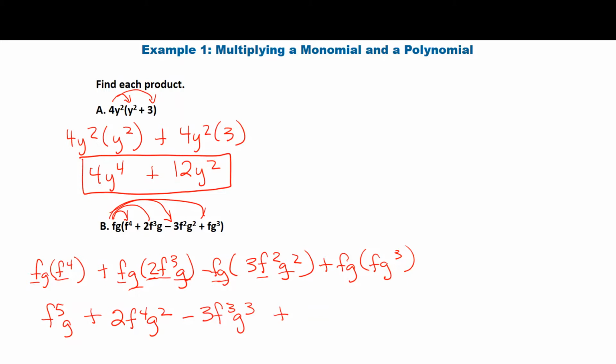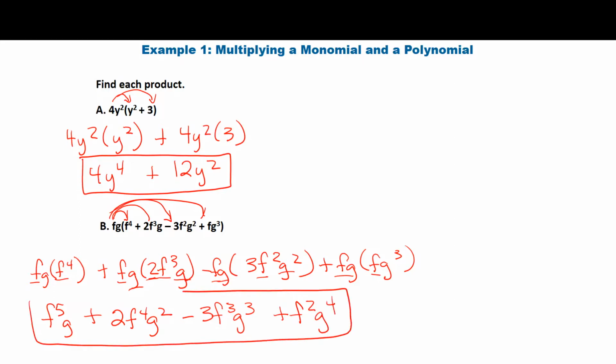And then plus, here we have two f's, f squared, and four g's, g to the fourth. And there is our final answer.